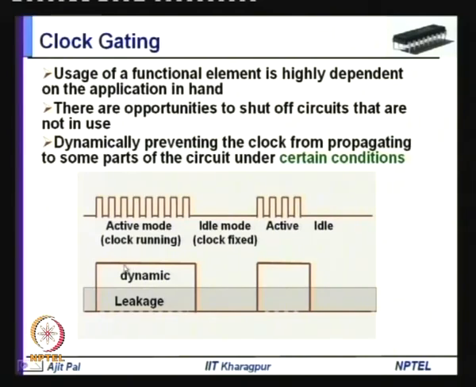You can see here a circuit in operation. When a particular part of the circuit is in active mode, the clock is applied, and two types of power dissipation take place. One is dynamic, because of charging and discharging of capacitors as the clock is applied. Another component is leakage.